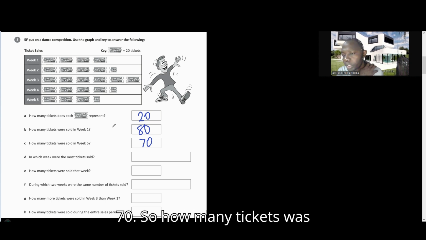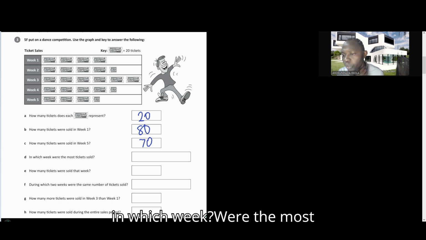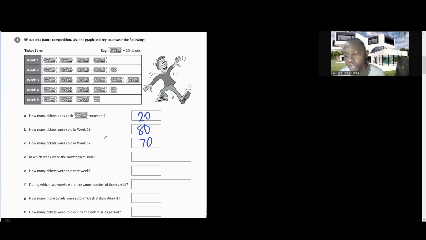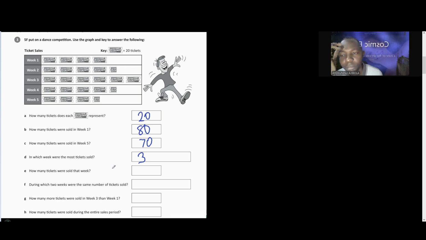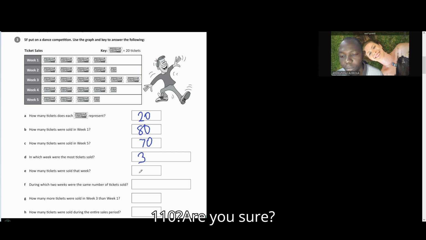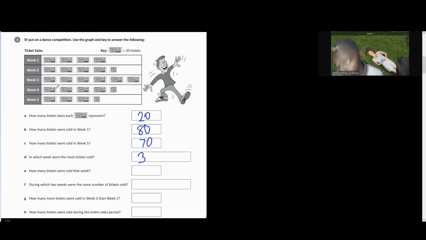In which week were the most tickets sold? Week three. How many tickets were sold that week? 110. Are you sure?